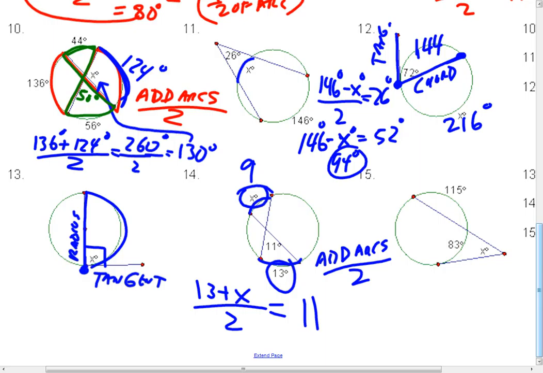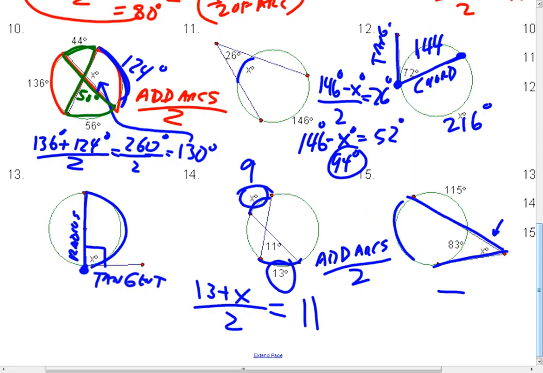What are we looking at here? I've got a tangent and a secant. What's the rule for an exterior angle situation? Subtract arcs. I need to know this arc, 83, and that is 208. 198?